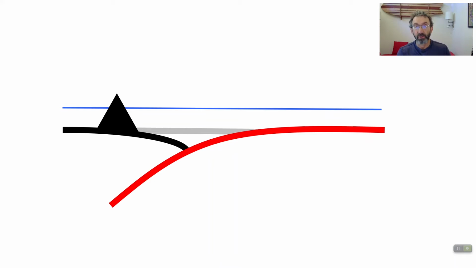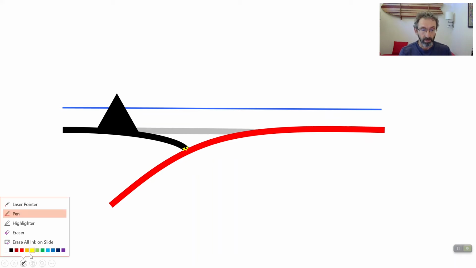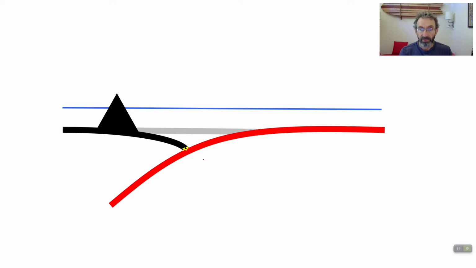And so as the subducting plate moves down, so there's that contact point, as the subducting plate continues to slide downward like this, it drags the other plate along with it. And so this other plate, as you can see, is being bent down. And so this essentially creates a deep spot in the ocean floor.